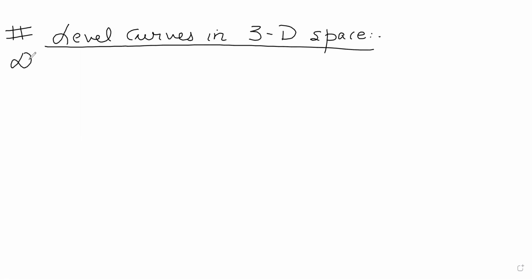So let's write the definition of the level curve. Consider z as a function of x and y.